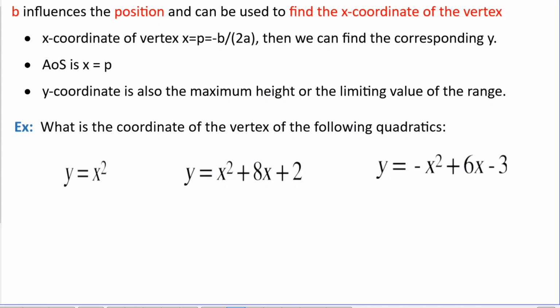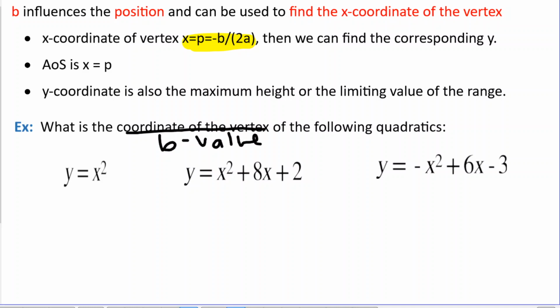We do have this fancy formula that can help us find the x-coordinate of the vertex, but we then have to figure out the corresponding y value, because the vertex has an x and a y value. So we're going to glaze over this a little bit.